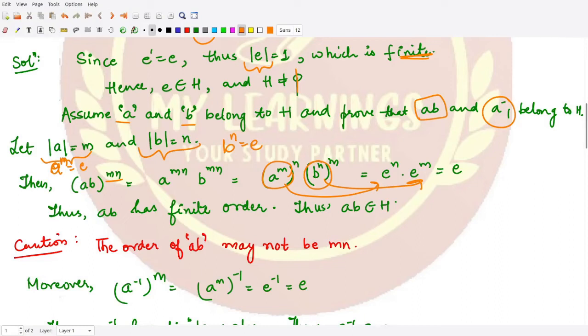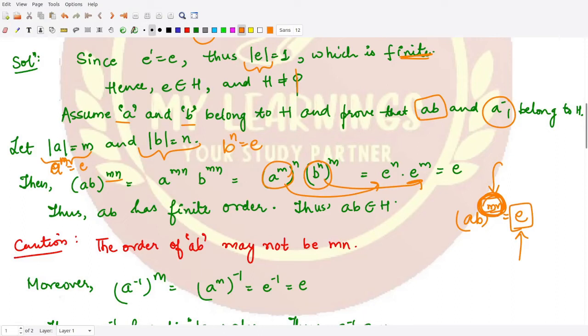Here we cannot say the order is mn, because we obtain that AB raised to the power mn is equal to E, right? For some finite number we are able to get the identity, but it may be possible that this mn is not the smallest integer such that we obtain the identity. So we are not sure whether mn is the order here or not, but we are sure that we obtain the identity for this number mn, which is finite.